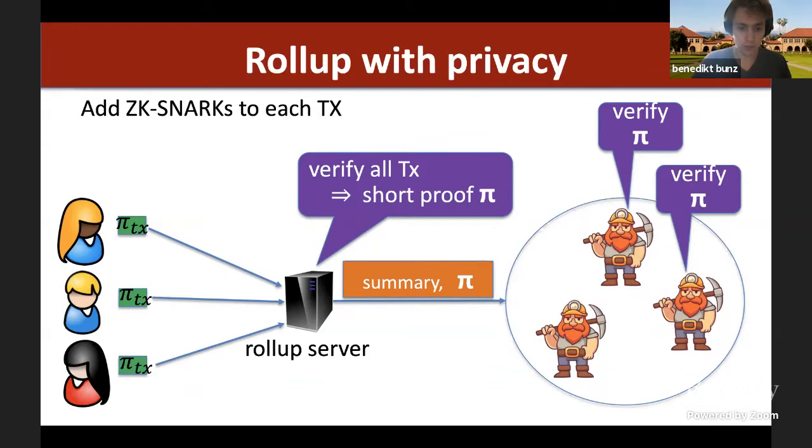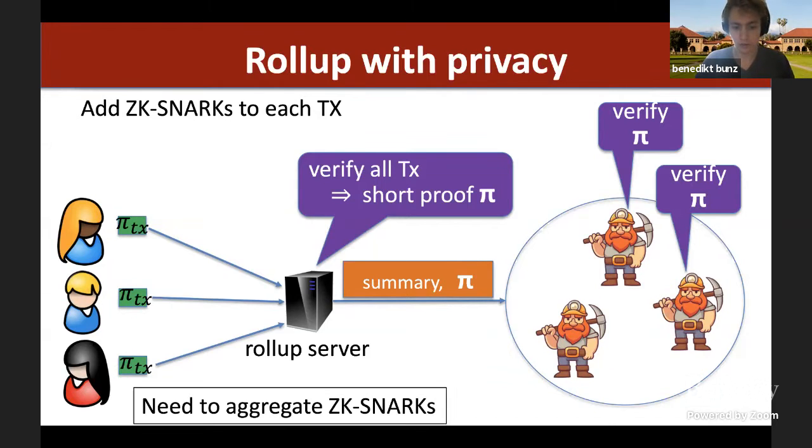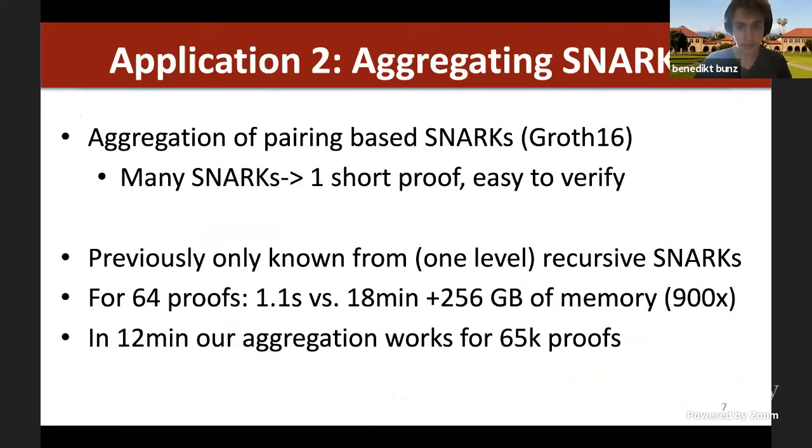More generally, what we would like to do is have a way that we can just aggregate all of the transaction snarks into a single small snark. And we, in fact, achieve that. We build a protocol for aggregating snarks that does not use recursion. So you can combine many snarks into a short proof.